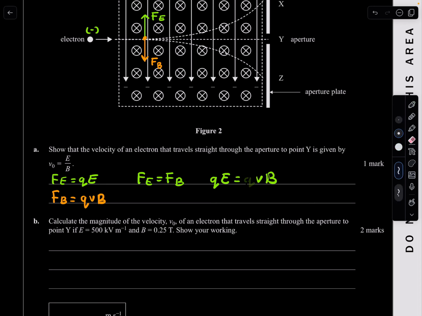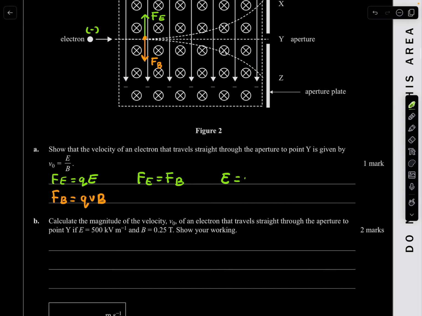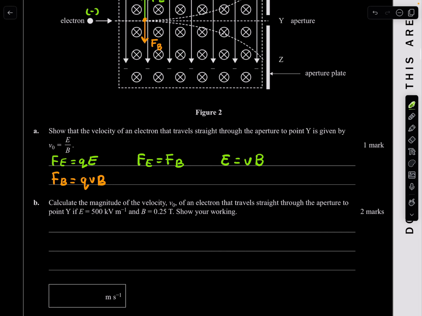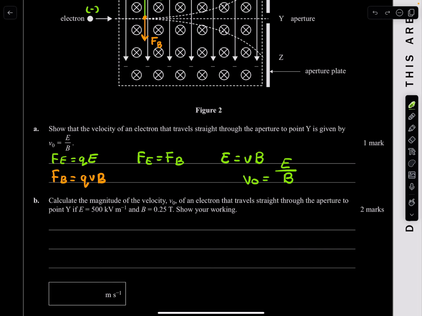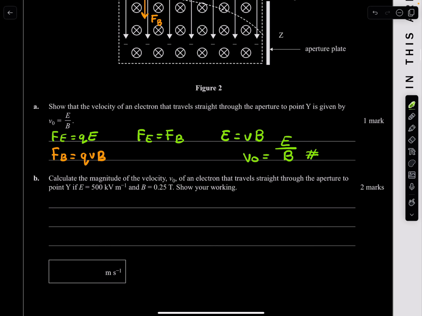You can see that those Q's cancel out, and so we're left with E equals VB. So your velocity is just the electrical field strength over your B. And we've shown it. Done. That's it. Beautiful. Calculate the magnitude of the velocity V naught of an electron that travels straight through the aperture to point Y if the electrical field strength is that and your magnetic field strength is that.